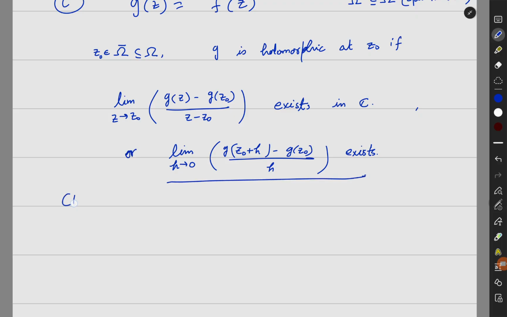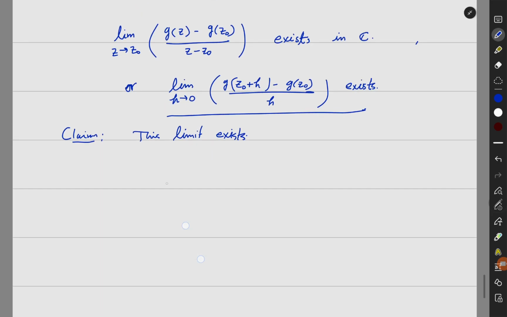Okay, claim: this limit exists. How? Let's solve for it.